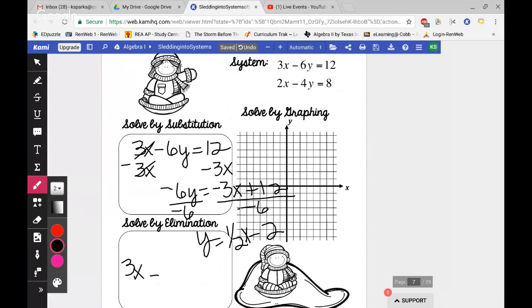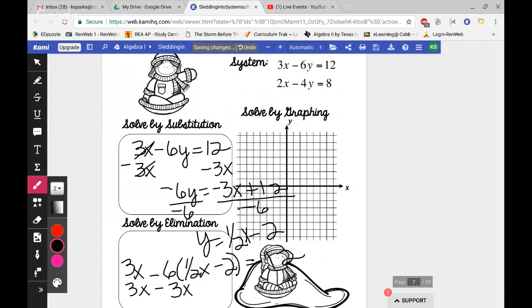3x minus 6 times (1/2 x minus 2) equals 12. I'm going to distribute that 6. And negative 6 times 1/2 x gives me negative 3x.